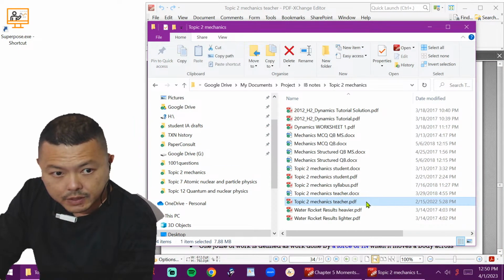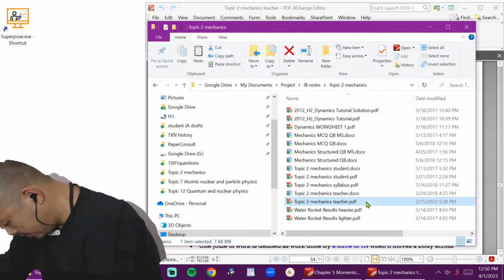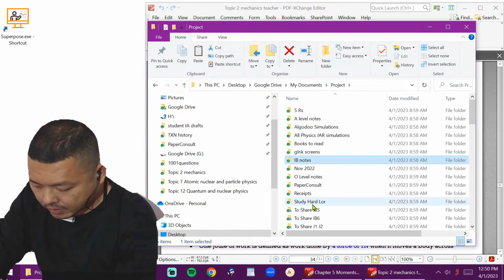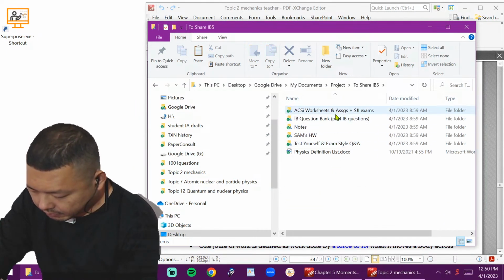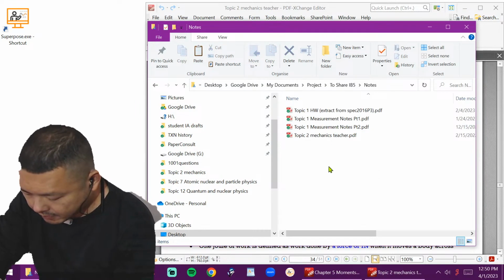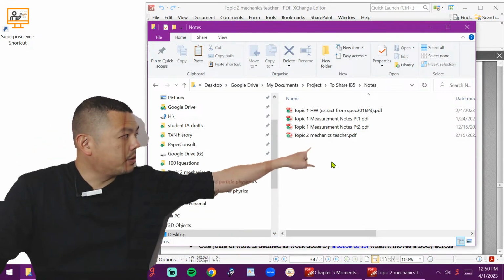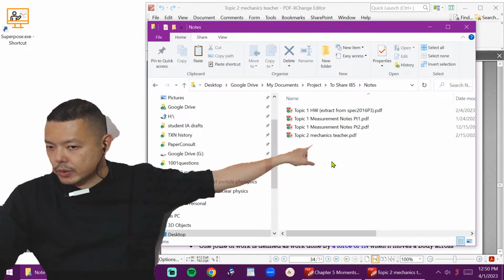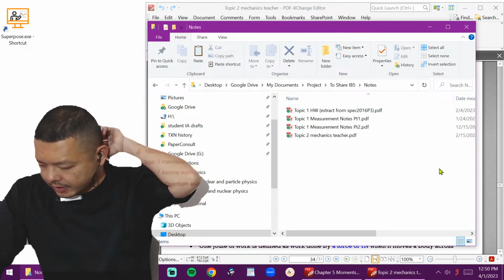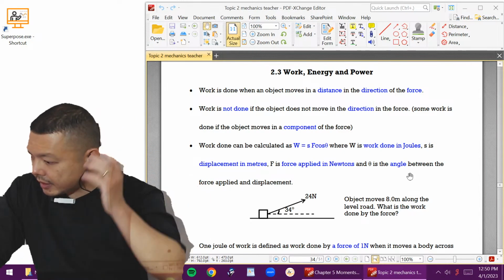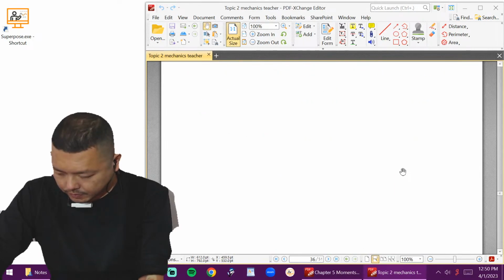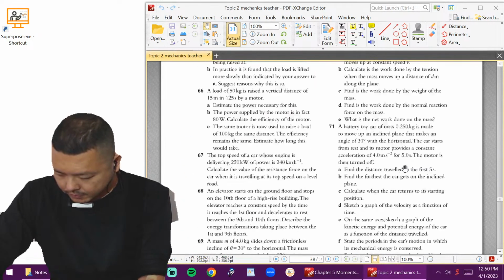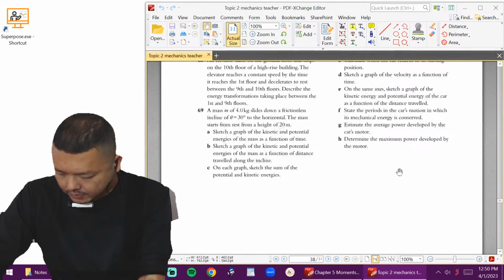You also taking soft copy? Oh, you got an iPad now? Okay. I will paste this into the shared drive. Sorry, it's there. You go into the shared drive and you should be able to find it there, then go to the work energy power section. You have it, right? Okay. Then for the two of you, do you have the printout for this one? Don't have. 34, print to 38.